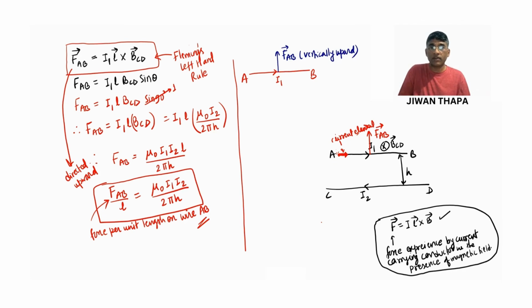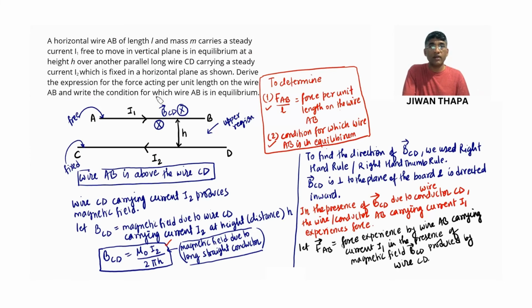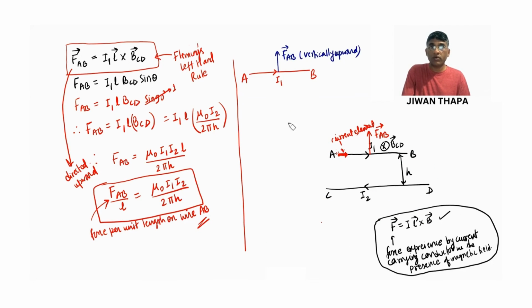Now, we are asked to find the condition for which wire AB is in equilibrium. So, to be in equilibrium, this force must be balanced by the weight of wire AB.